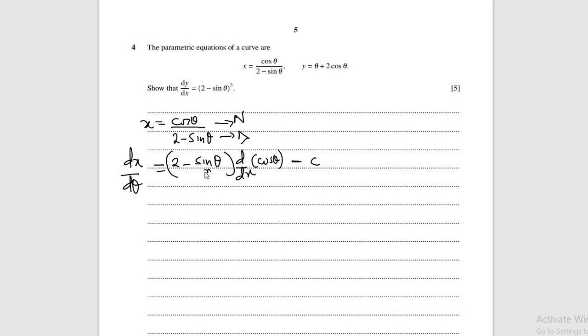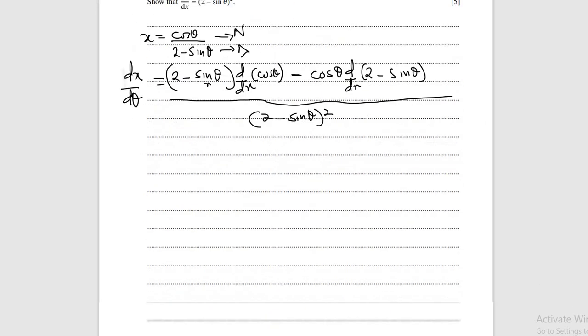Put down the numerator, don't touch it. Then differentiate the denominator, 2 minus sine theta, all over the denominator all squared. This is called the quotient rule.